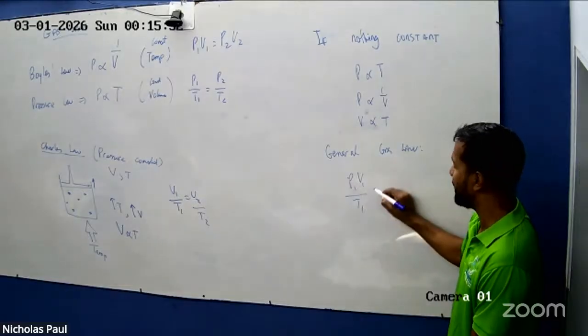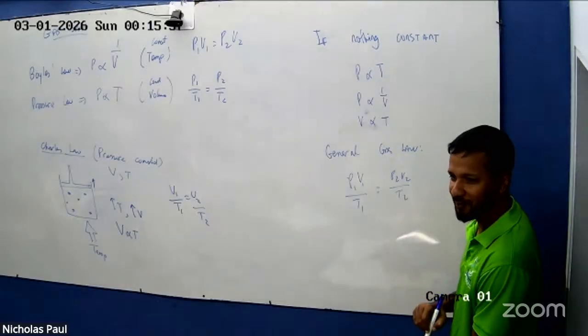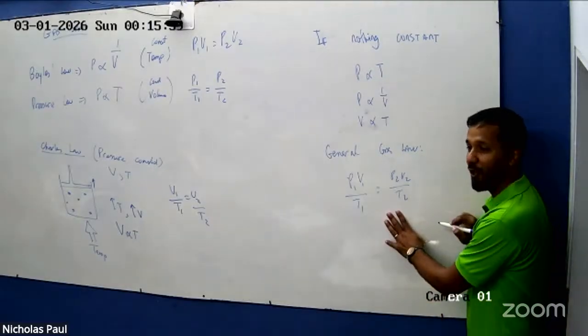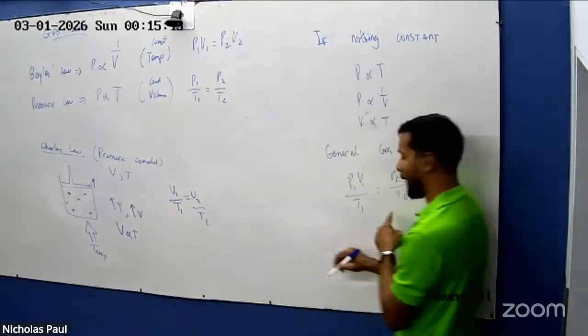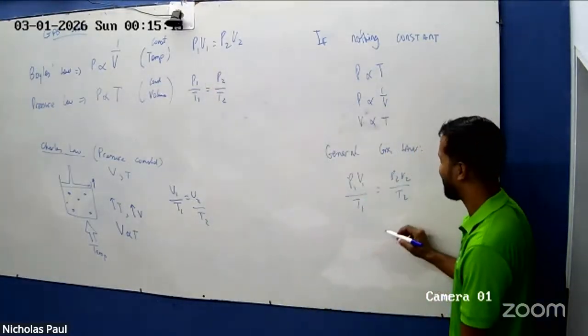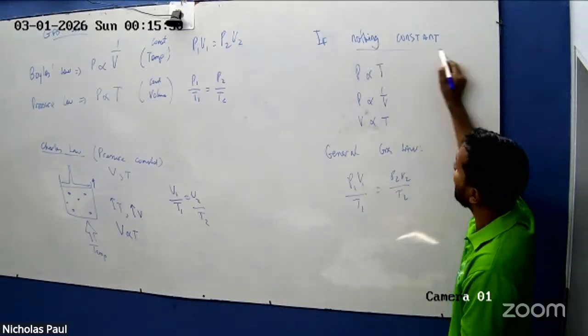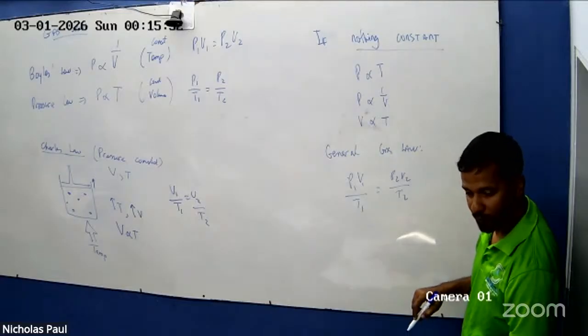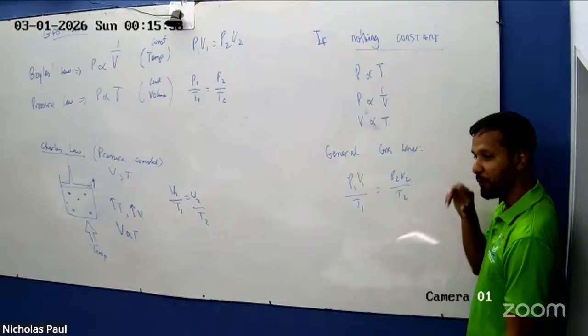P1V1 over T1 is equal to P2V2 over T2. That's the formula. If we combine this, it will look like that. This is called the general gas law if nothing is constant.